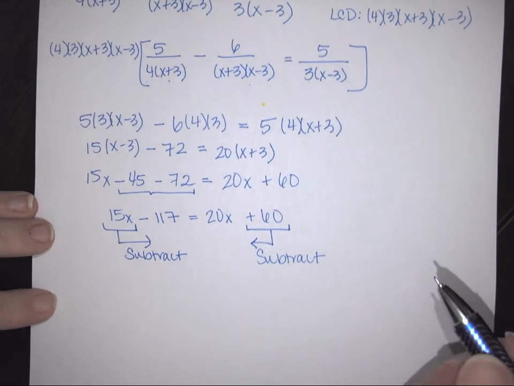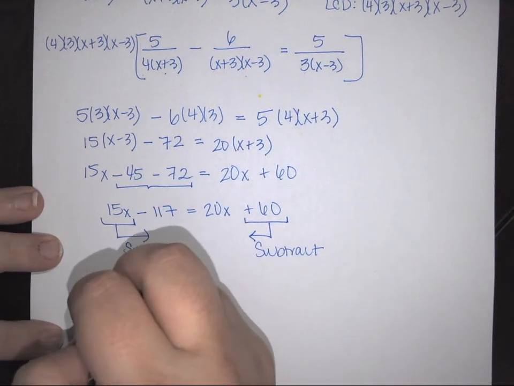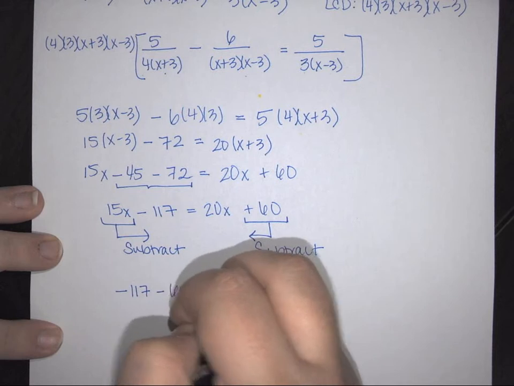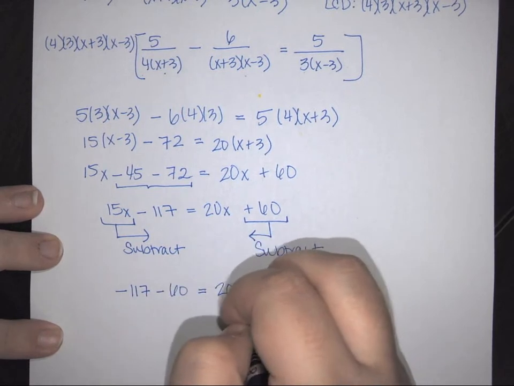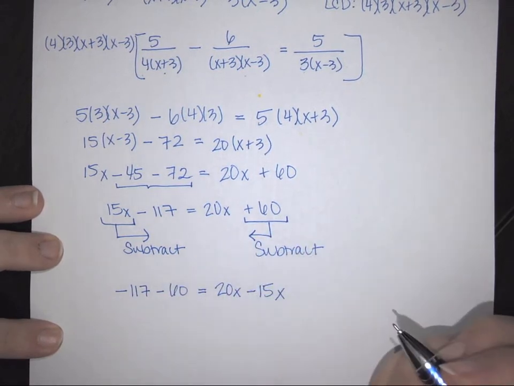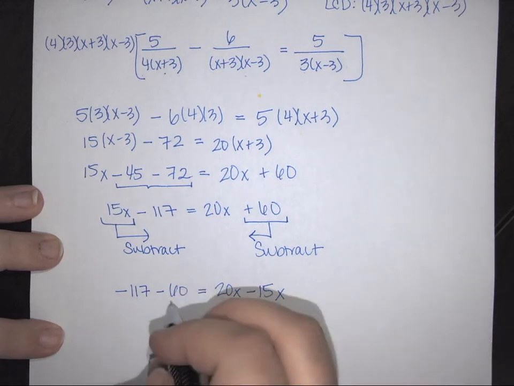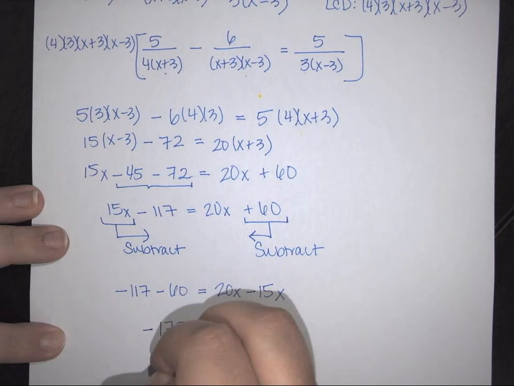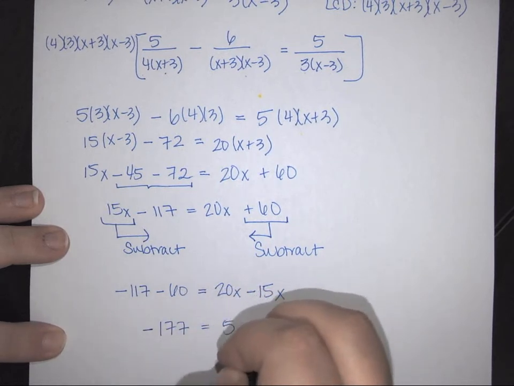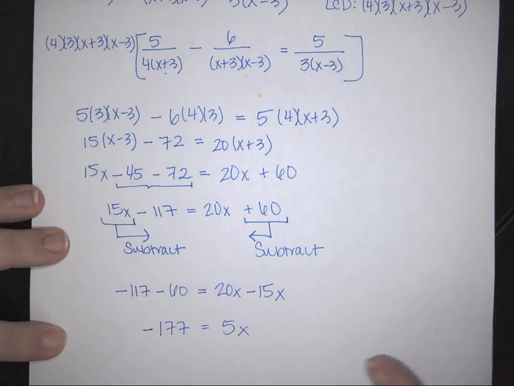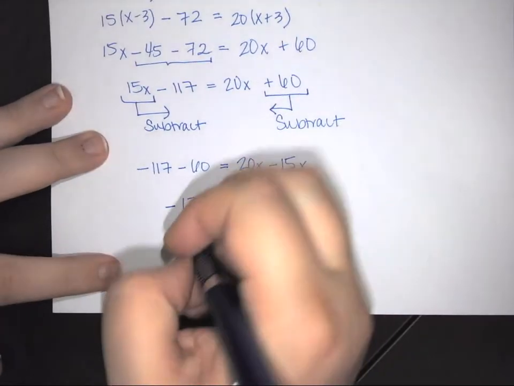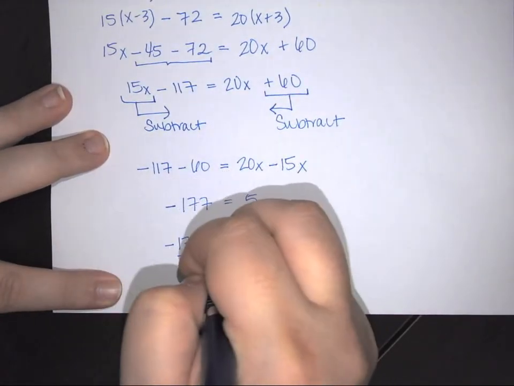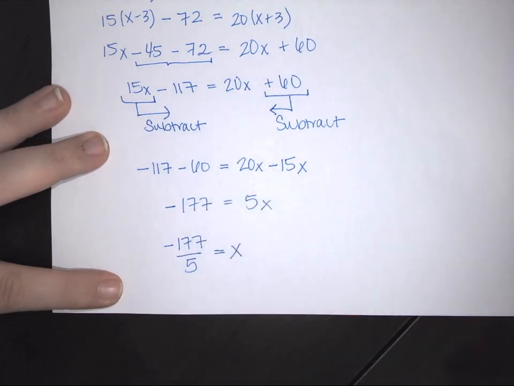So this means I'm going to end up with negative 117 minus 60 is equal to 20x minus 15x. Negative 117 minus 60 is negative 177, which is equal to 5x. Then I need to divide everything by 5. So we get negative 177 over 5 is equal to x.